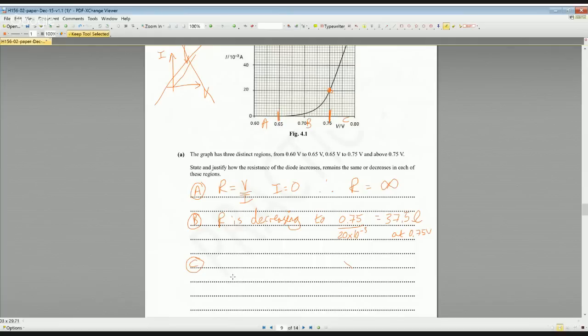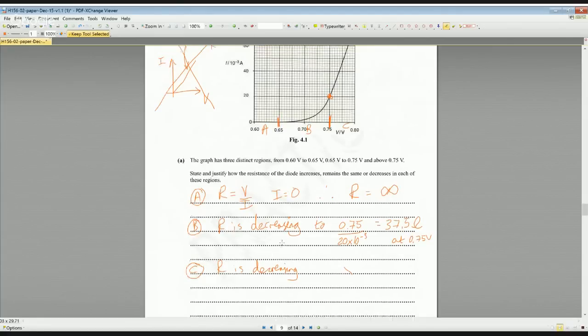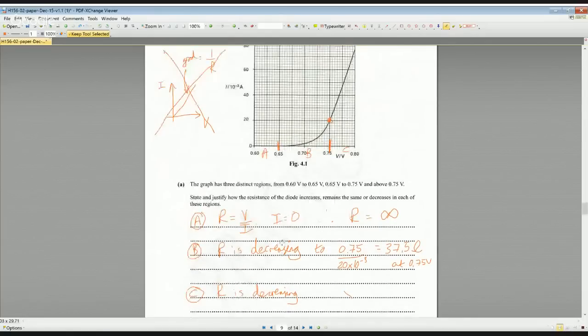And in region C, we've got a resistance that is again decreasing. It may not be as obvious because you've got this straight line. So many people would look at that straight line and go, you've got a constant resistance. But as I said before, because it's not going through the origin, you do not have direct proportionality. And the best way of confirming that is to take another point along the graph.